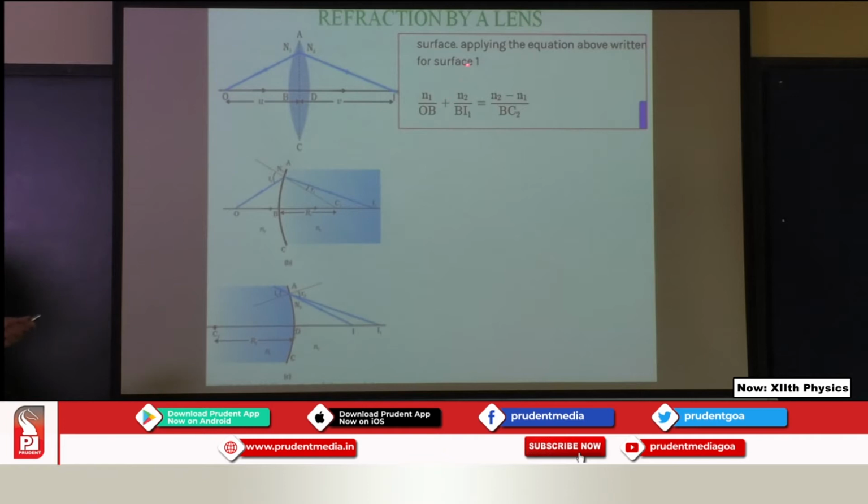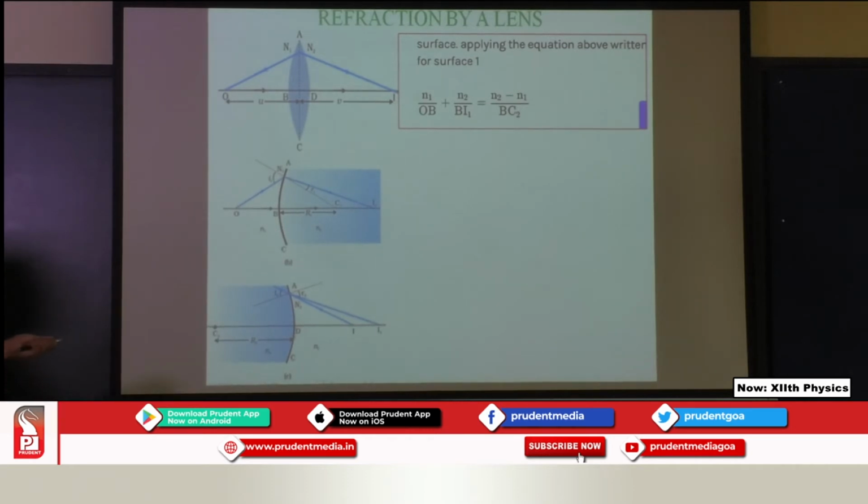So, applying to surface 1, that is ABC, we get N1 upon OB, object distance, N2 upon BI1, that is the image distance, equals N2 minus N1 upon BC1, that is the radius of curvature.